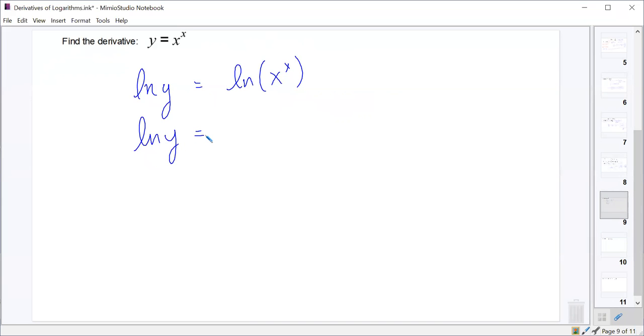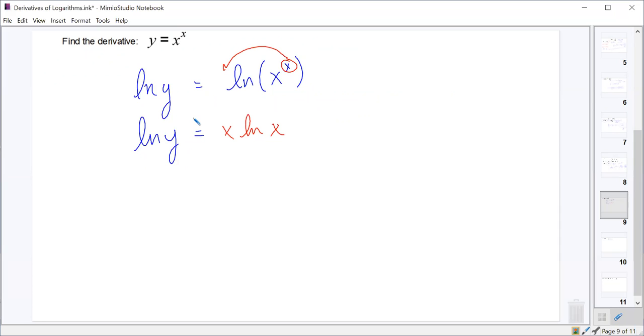Yeah, we're going to be able to take this exponent out to the front, and we will no longer have that problem of a variable being raised to another variable or a function being raised to another function. And how are we going to take the derivative of this now? We'll have to do it implicitly, right?